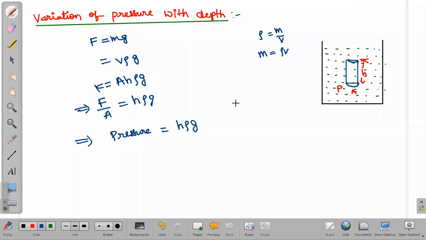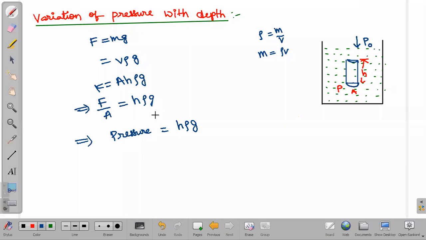This is the pressure exerted by the liquid at depth h. Now, if we consider atmospheric pressure also, because here atmospheric pressure also exerts, that we consider as P naught. Suppose this weight is acting downwards, the liquid also acts with some force on it, which means the liquid is also exerting some pressure on it.